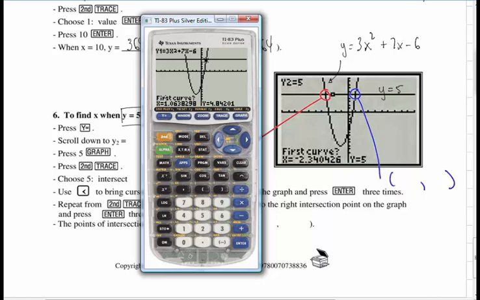Okay, notice it says first curve, press enter. It's asking for second curve, press enter, and it's going to do a guess for you, press enter, and your second point of intersection is when x is equal to 1.08 and y is equal to 5.